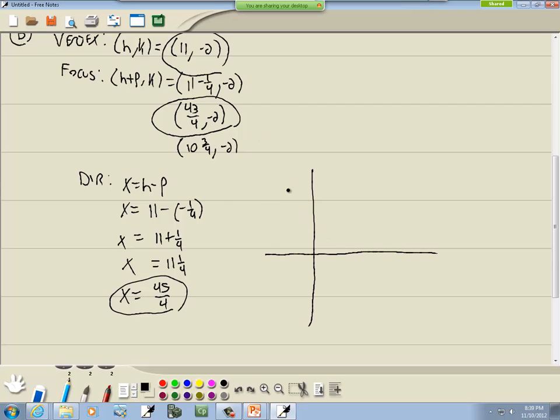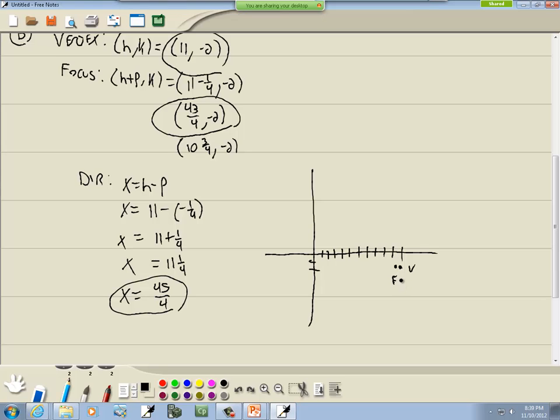Okay, vertex is 11 and negative 2. 1, 2, 3, 4, 5, 6, 7, 8, 9, 10, 11, and negative 2. Focus is 10 3/4. That's 11, 10 3/4, negative 2. Boy, that's almost right on top of it. Sometimes when I make the numbers up, they do this.